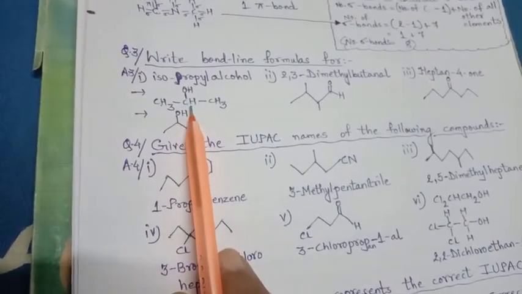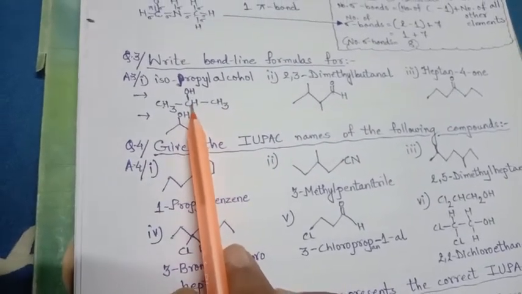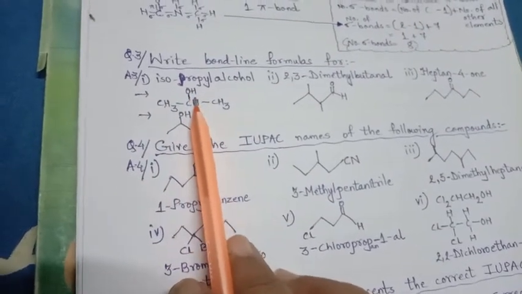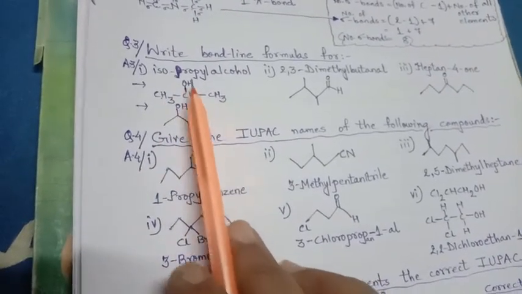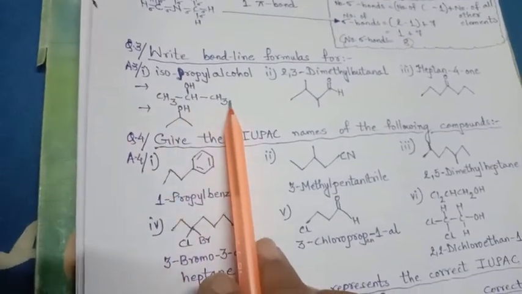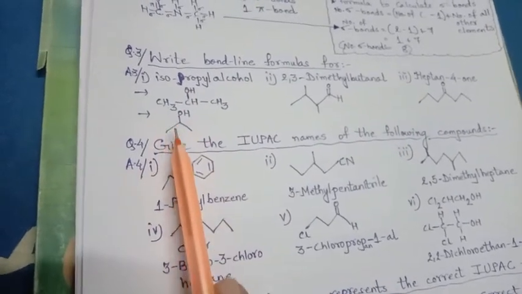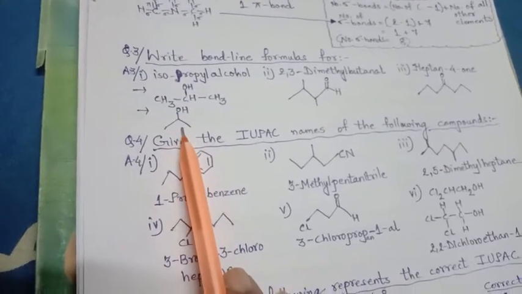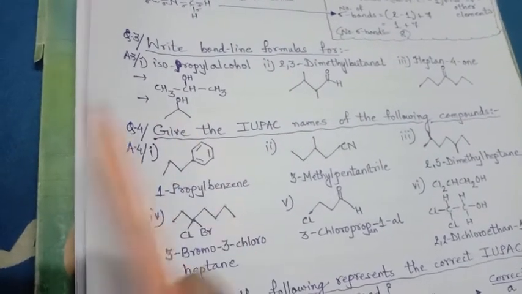From this side this is the second, even from this side also it is the second. And iso means attachment is on the second carbon and it is the alcohol group. So this is isopropyl alcohol, right? This is the condensed formula I have written. Now with the help of this you can sort out the bond line. CH3 terminal will show CH3. This is the CH, nothing shown here, that means it is CH, and on the second carbon OH, isopropyl alcohol.